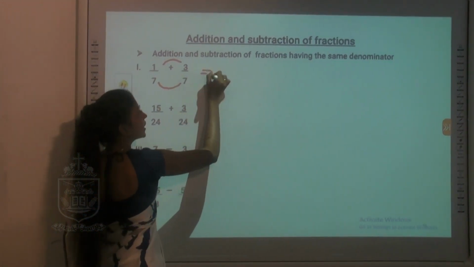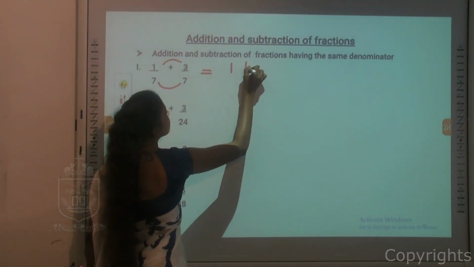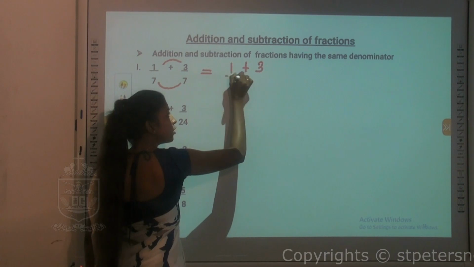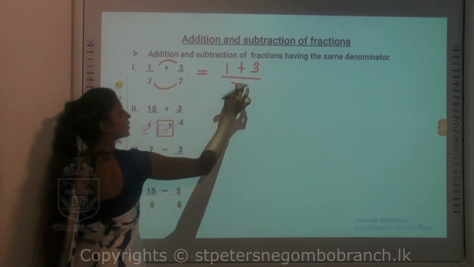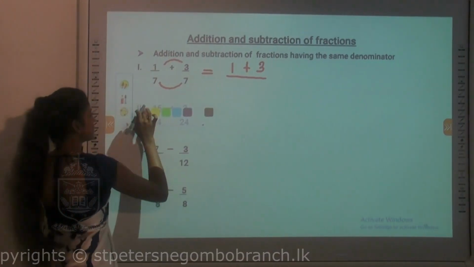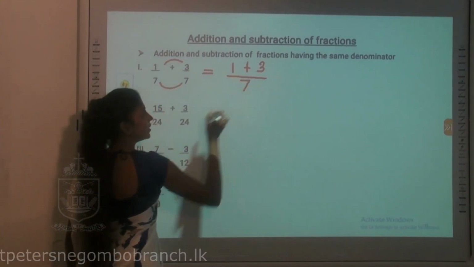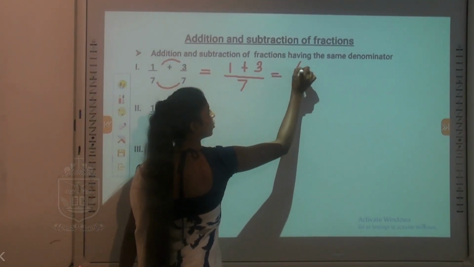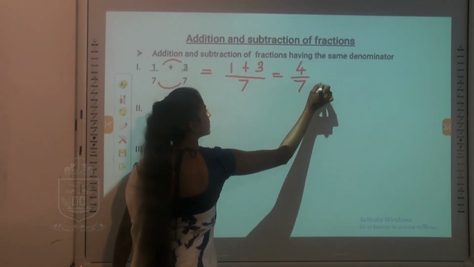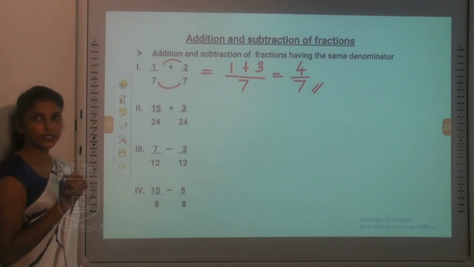That means you can add 1 plus 3. Denominator is the same, that is 7. So 1 plus 3, answer is 4. 4 over 7 is the final answer when we add these two fractions.